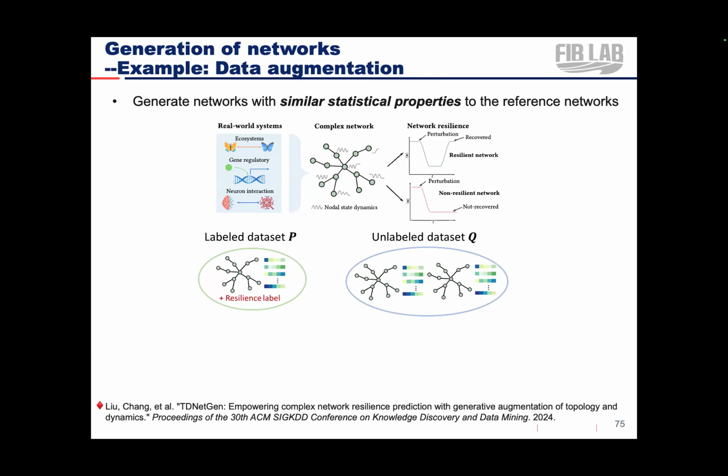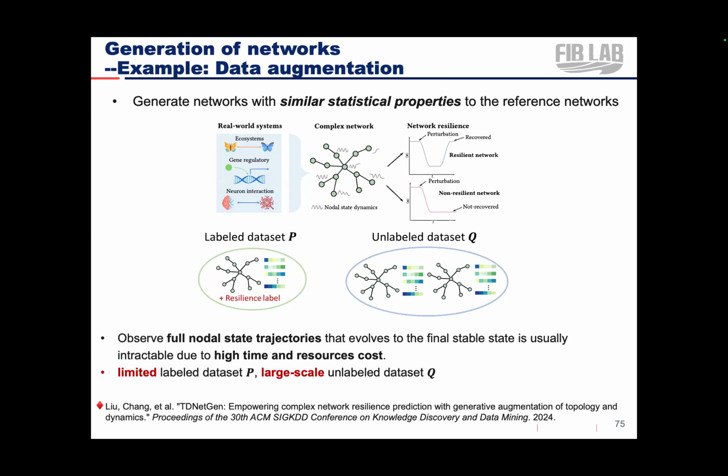So in this work, the authors deal with a problem called resilience prediction. That means, given a network, they want to predict whether this network is resilient. Resilience is a kind of capability, especially in real-world ecological systems, that means whether the system can recover from external perturbations.